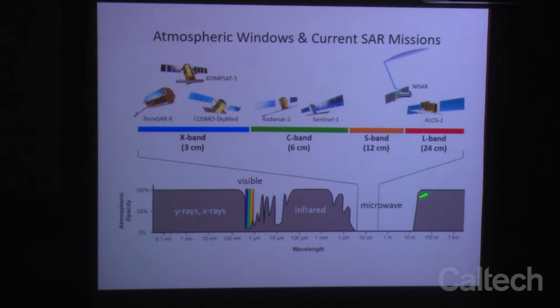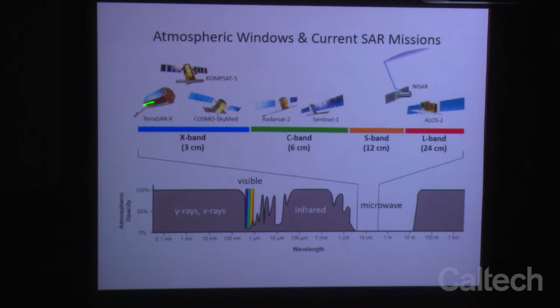And we see, if we look at the atmosphere in the visible portion where our eyes work, we have a window where electromagnetic energy is able to propagate through the atmosphere. Similarly, in the microwave region, the energy is largely unaffected or minimally affected by atmospheric conditions. So we're able to use these windows and observe the Earth's surface.